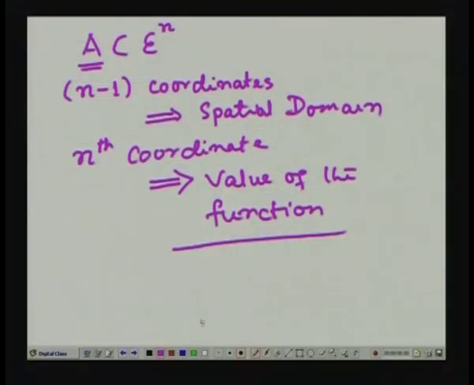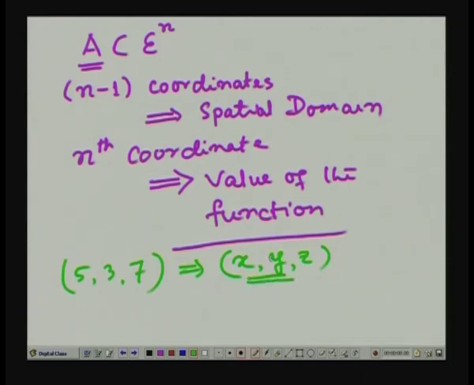So, for example, if I take a 3-dimensional point, say 5, 3, 7, or in general, if I assume a coordinate system, say x, y, z. Now, what does it mean? This means that I have a 2-dimensional space which is given by x, y, and z is the value at that location.